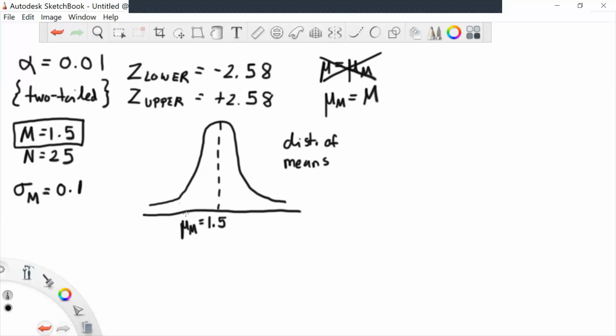So what we have here is the mean of this distribution, and we also know its standard error of the mean. The standard error of the mean is actually going to be the same as what we calculated for the other problem. However, the only difference is that instead of being centered on the null hypothesis distribution mean of 1.8, it's on the sample mean of 1.5.